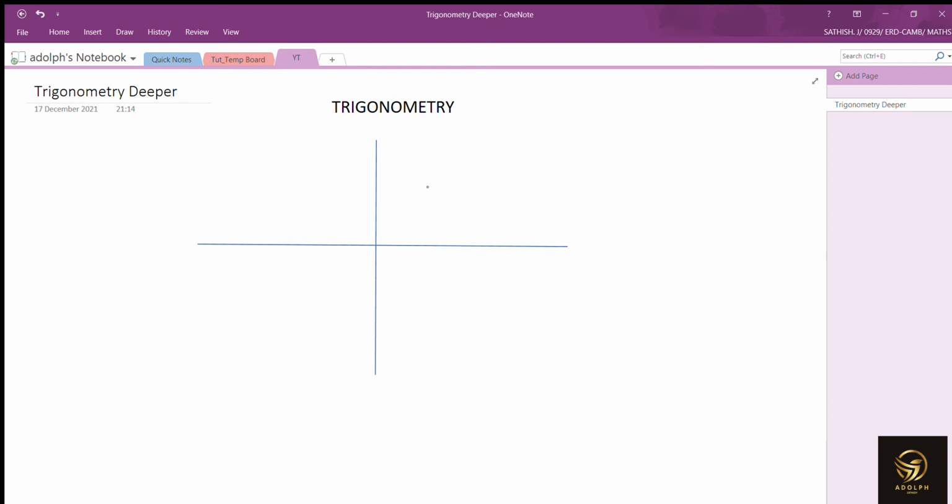In this part we are going to see the trigonometric ratios sine, cos and tan, and how they give the values for different angles. We know that angles are between 0 and 360. If an angle is beyond 360, we can convert it again into 0 to 360.